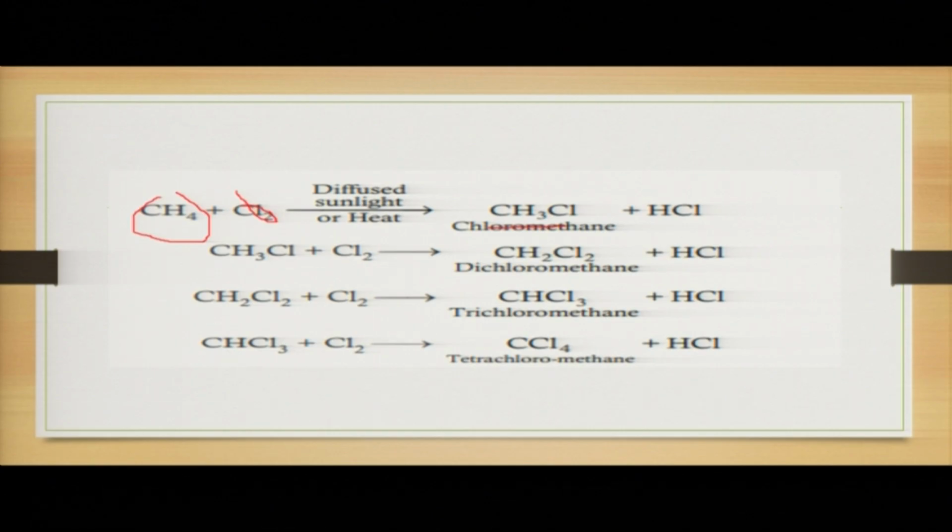The same reaction can also take place with bromine. But remember, the reaction has to take place in the presence of sunlight. This is to form chloromethane, dichloromethane, trichloromethane, tetrachloromethane, which we said is one of the examples of non-polar solvents.